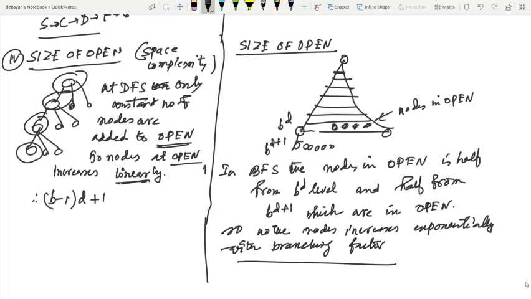So in the next step, what I am thinking about is that there are some positive sides of DFS and some positive sides of BFS.